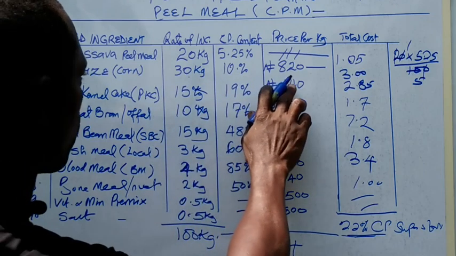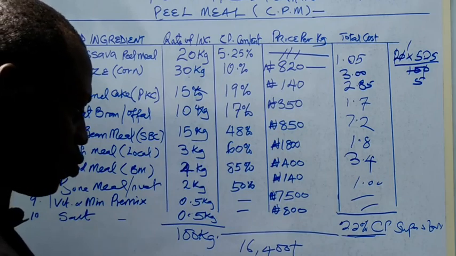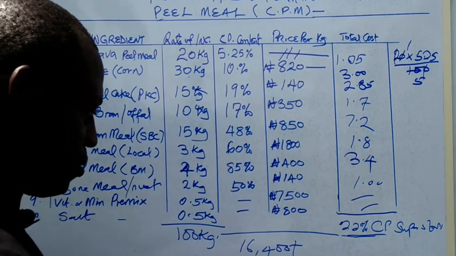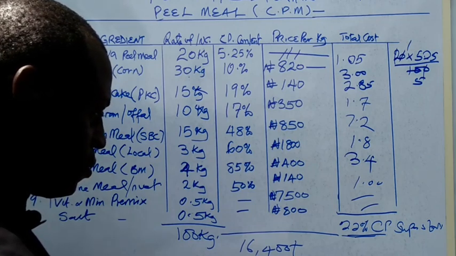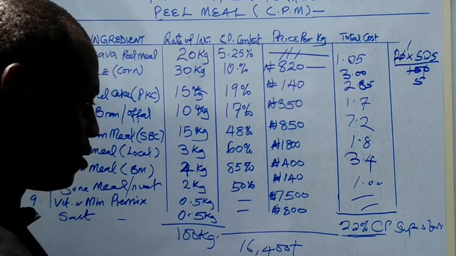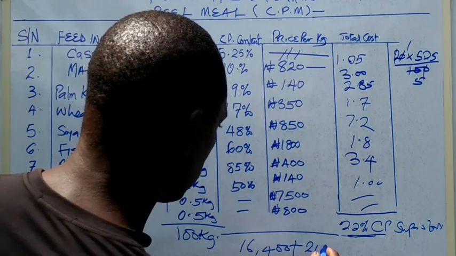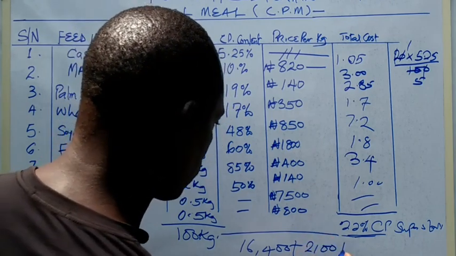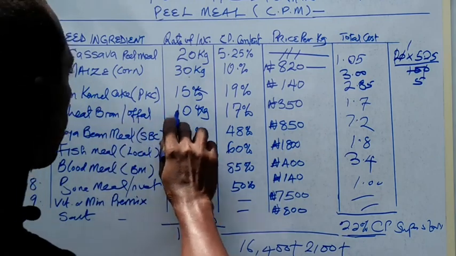Plus 15 times 140. This will give us 2,100. Plus the fourth one is wheat offal.